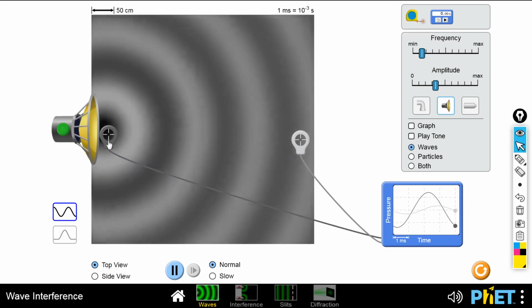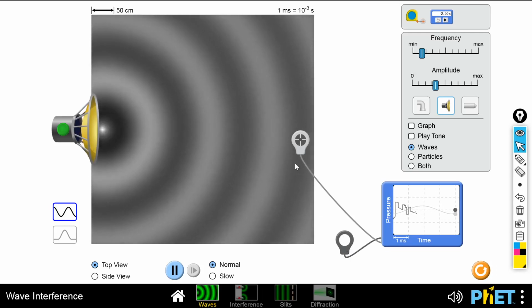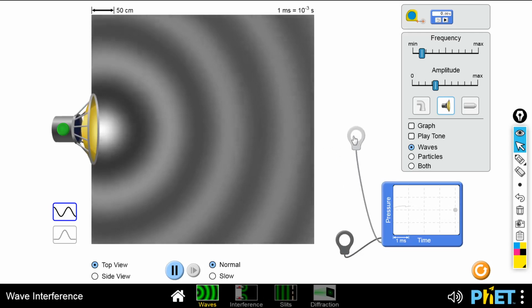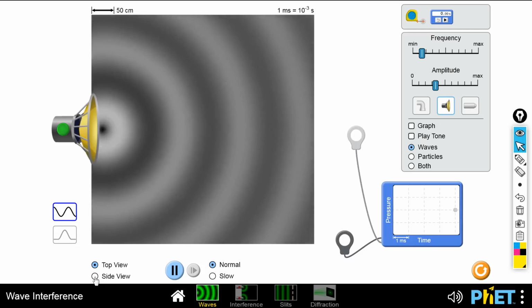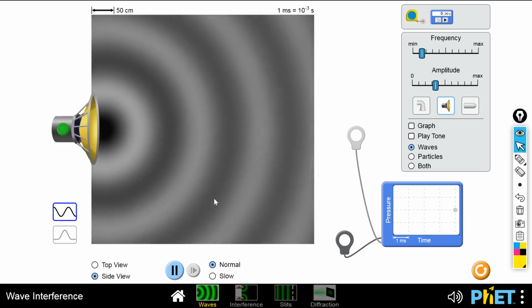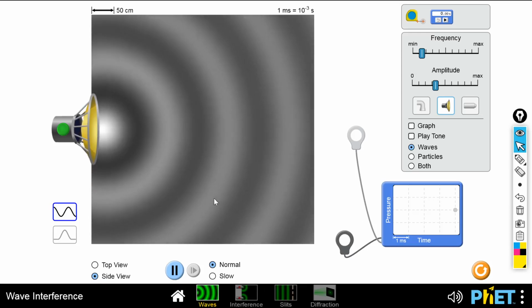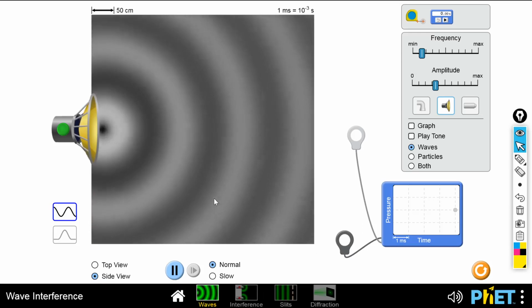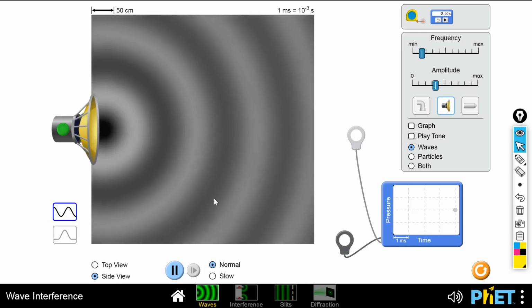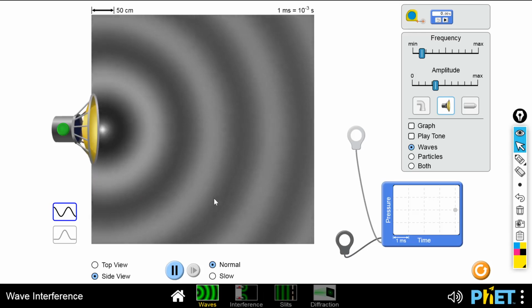Now, this is all good and well on the top view. Let's take it to the side view. Well, unlike water, sound does not have a transverse wave when viewed from the side. Sound is a compression wave.